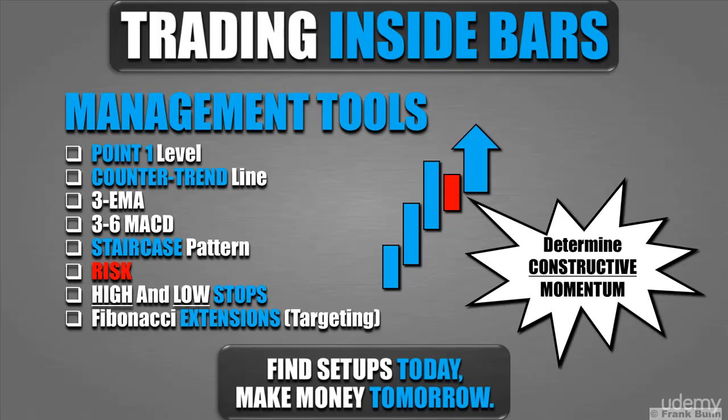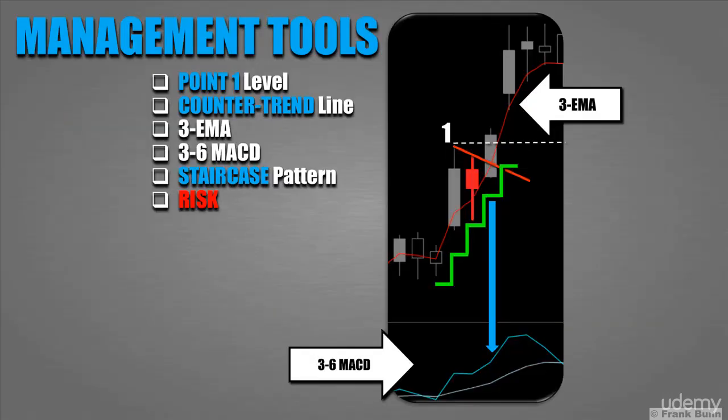Remember, trade management is about determining constructive momentum. The same constructive momentum that preceded the inside bar pattern should exist with the breakout. This enables us to sit until constructive momentum no longer exists, at which point we exit the trade for profit. In this long example, we're going to look at how we will employ all of our trade management tools.